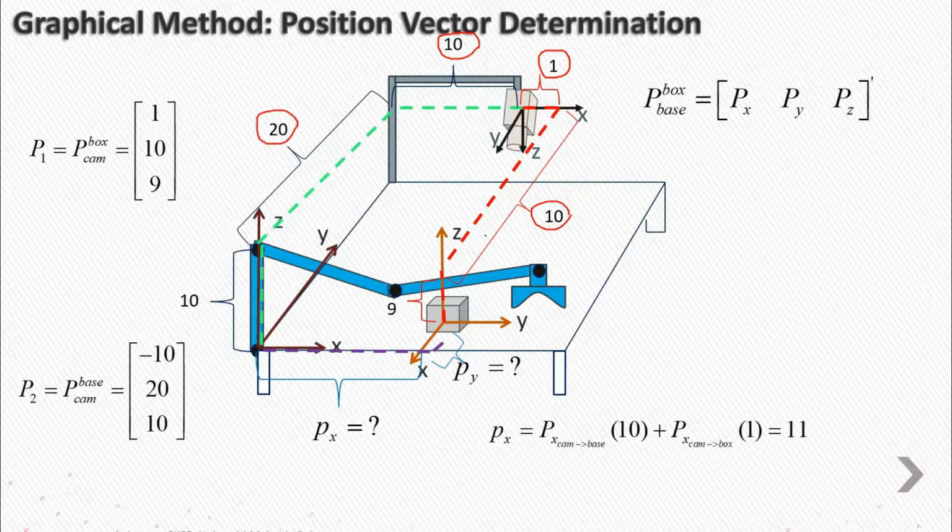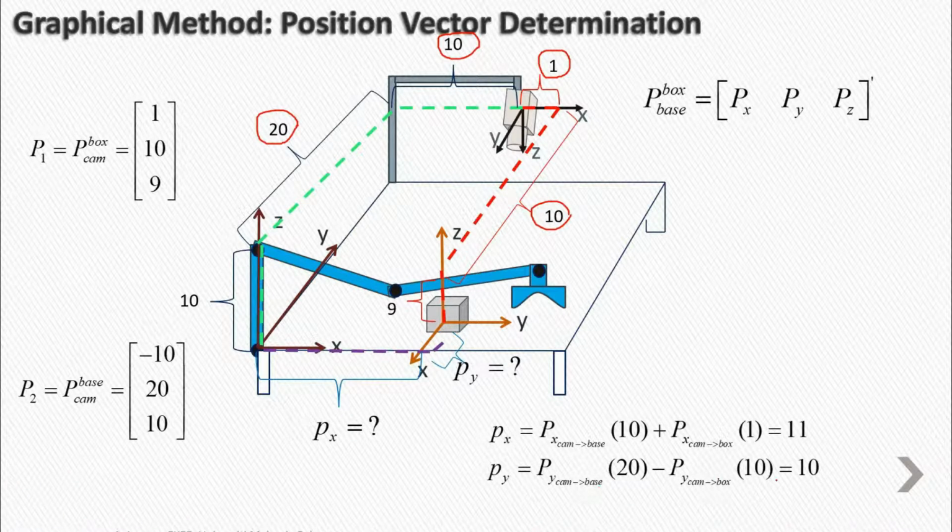So between these two, the position of py is the minus between P1 and P2. So here we can see that the cam to base minus the cam to box will make the py 10.